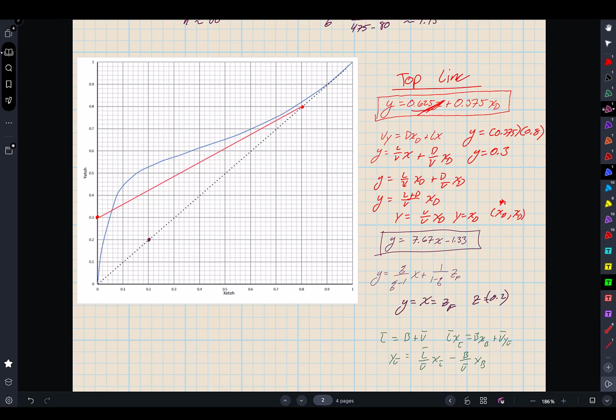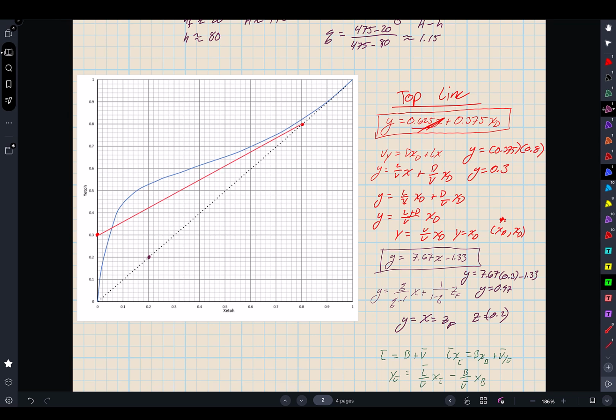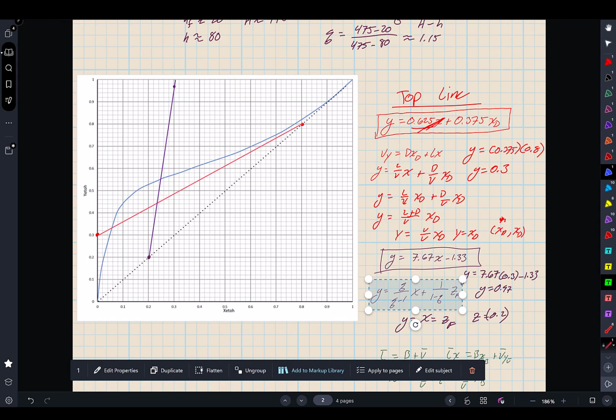So if I wanted the point at 0.3, let's say y of x equals 0.3 is equal to 7.67 times 0.3 minus 1.33, which would give us the corresponding value of 0.97. So I would have to go from 0.3 to 0.97, which is about here. So I can then plot a line from there. Say if I go from here to right here, that is our feed line.